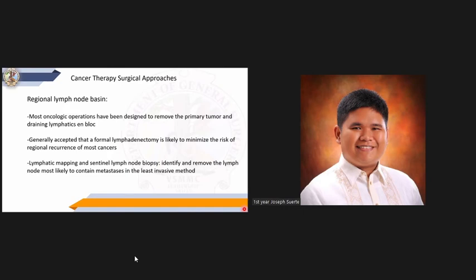So that's why we developed lymphatic mapping and sentinel lymph node biopsy to identify and remove the lymph node most likely to contain metastasis in the least invasive method. So why we do this is to spare lymphadenectomy in patients with negative lymph nodes.